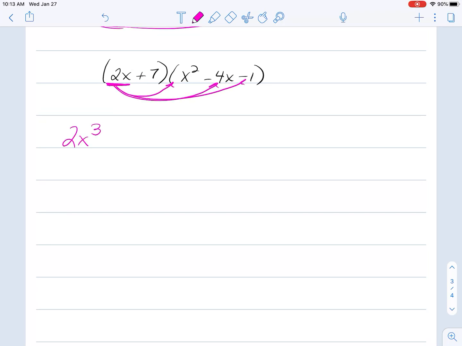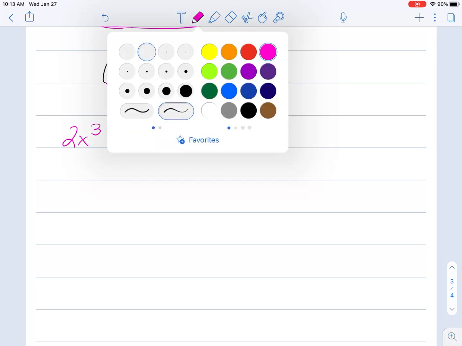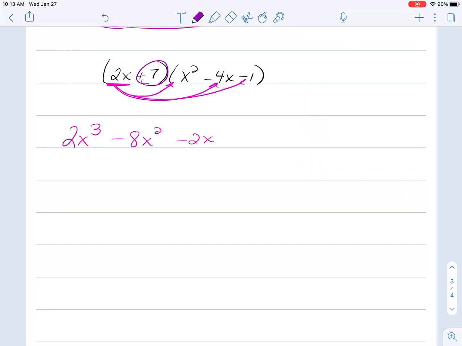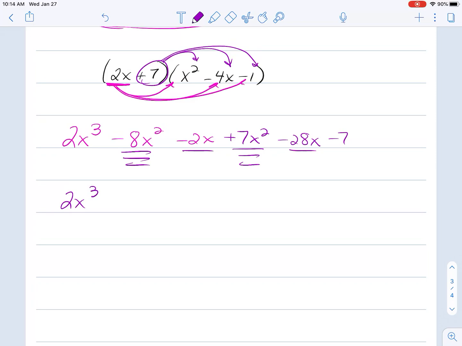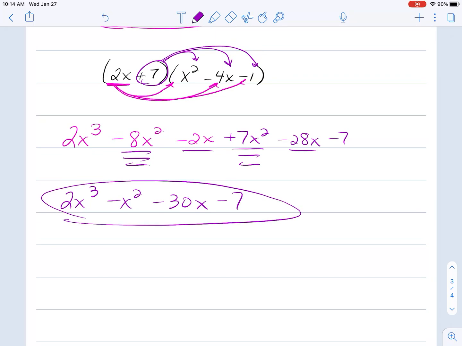So 2x cubed, and there would be my final.